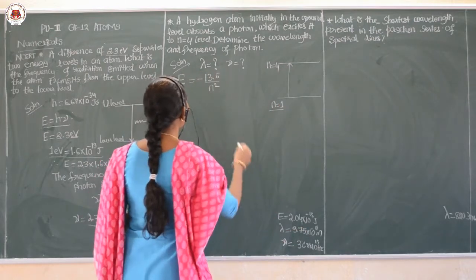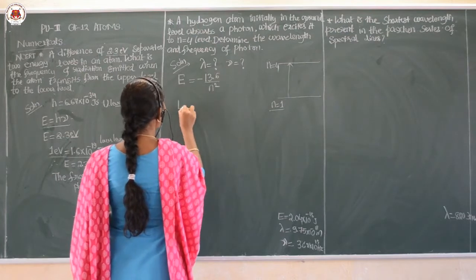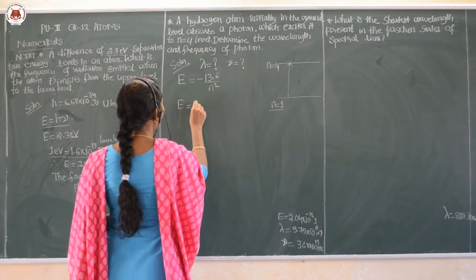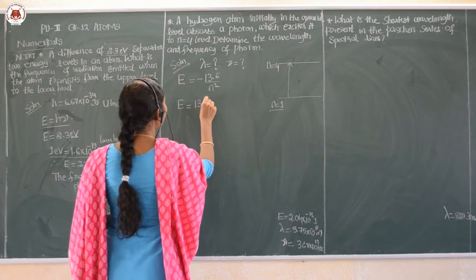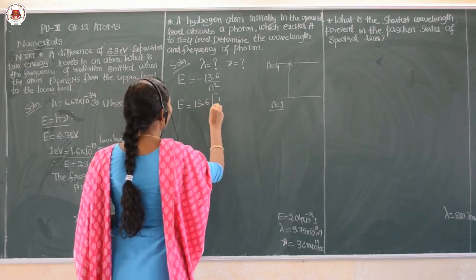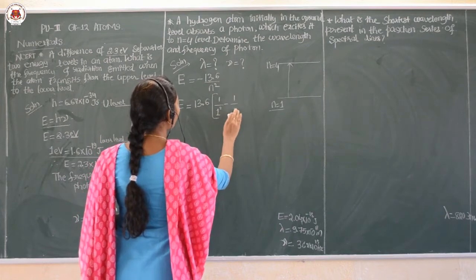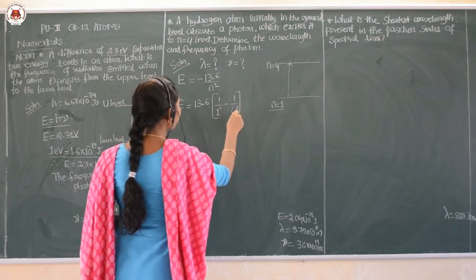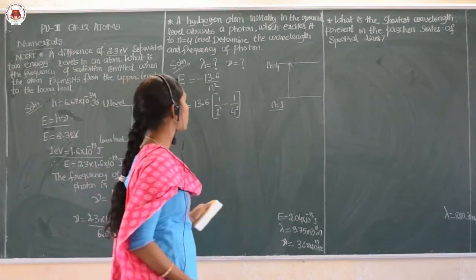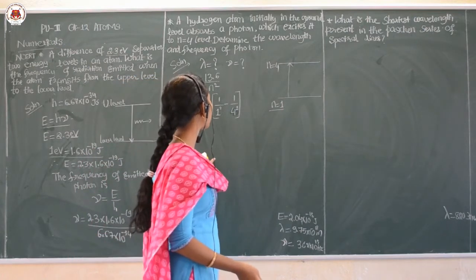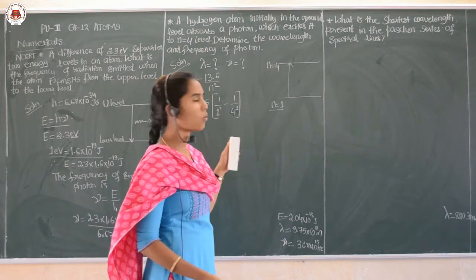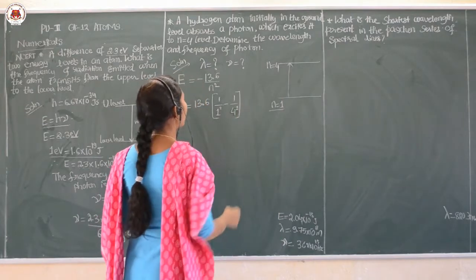Therefore, this formula I can modify in terms of n1 and n2. I write here 13.6 into 1 upon n1 square minus 1 upon 4 square, because first let us use 1 and next let us use 4, then this formula will be obtained.